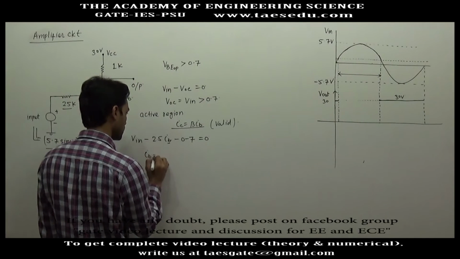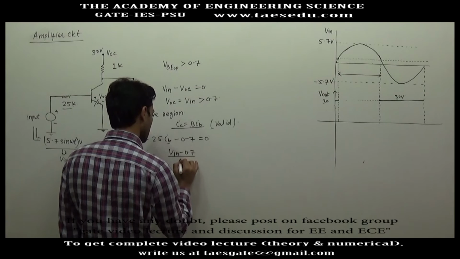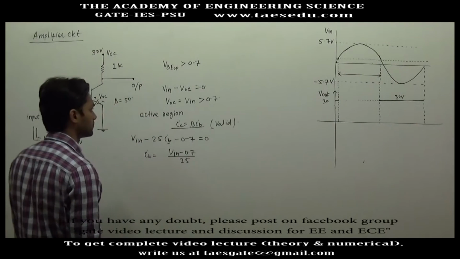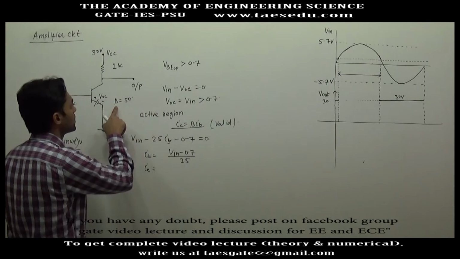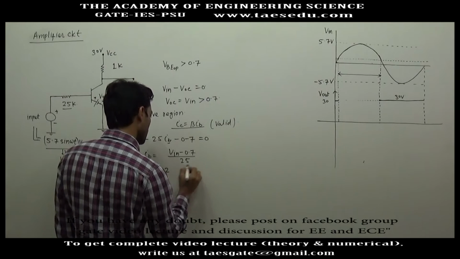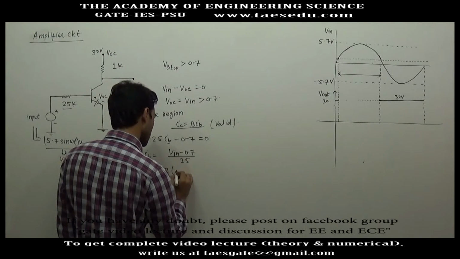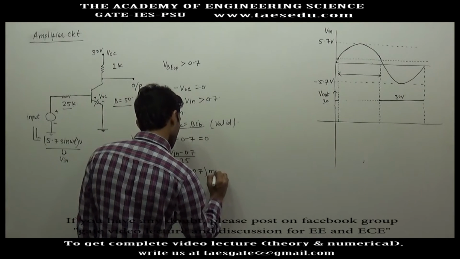So IB will be (V input minus 0.7) divided by 25 milliampere. IC will be beta into IB, and beta is 50. So if you multiply it by 50, you will get 2 into (V input minus 0.7) milliampere.